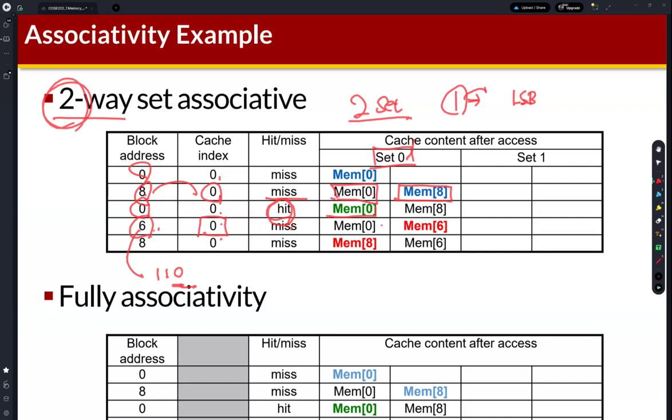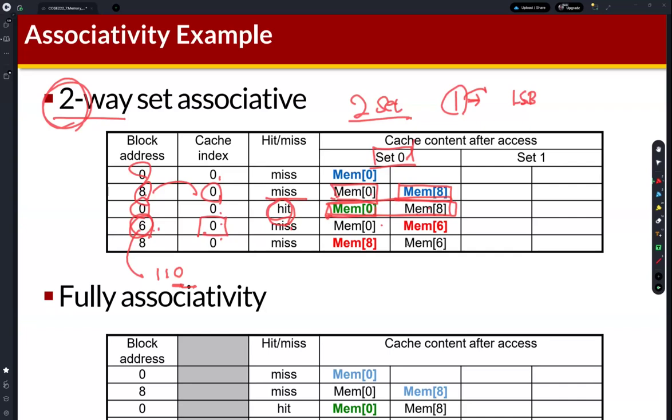In the target set there were the memory 0 block and the memory 8 block, and then memory 6 was requested. So in this case we need to evict one of these blocks, right? And this is called the replacement policy.